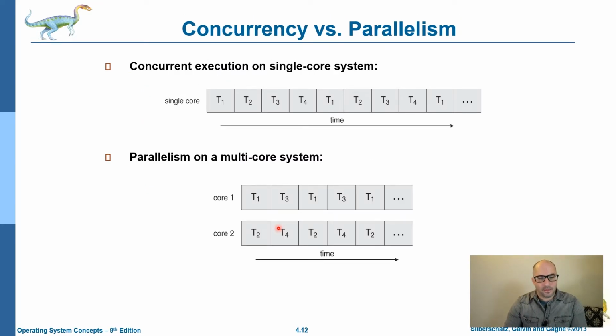So trying to draw that line again between concurrency and parallelism. If we look at time on the top graph, we have threads 1, 2, 3, and 4, and they are executing concurrently on a single core system, meaning that thread 1 executes, and from thread 2's perspective, it's also executing.